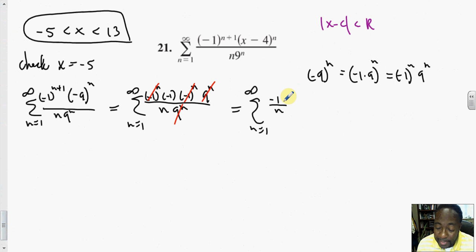So isn't this p-series divergent? It's harmonic. You can look at this as being negative times the summation. It has to start at 1.